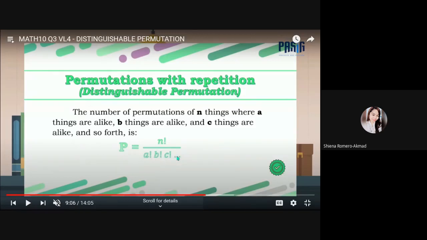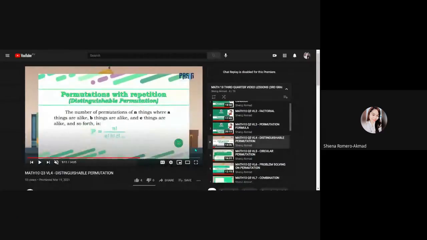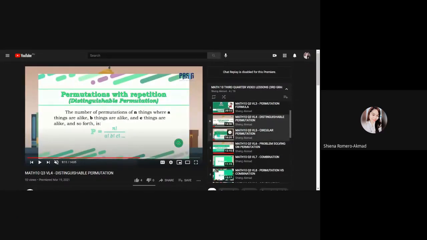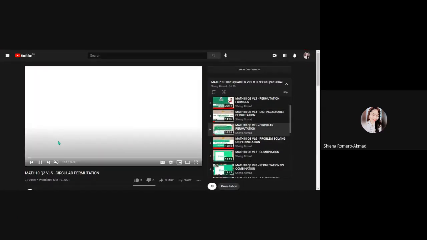So, depende kung gaano karami yung parehong objects or elements. Okay? So, we now proceed to module number 5, which is circular permutation.